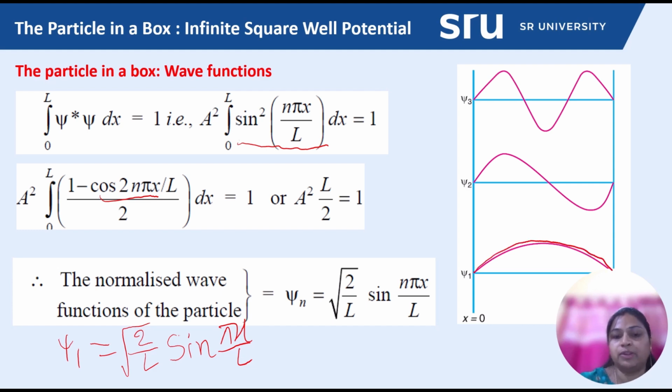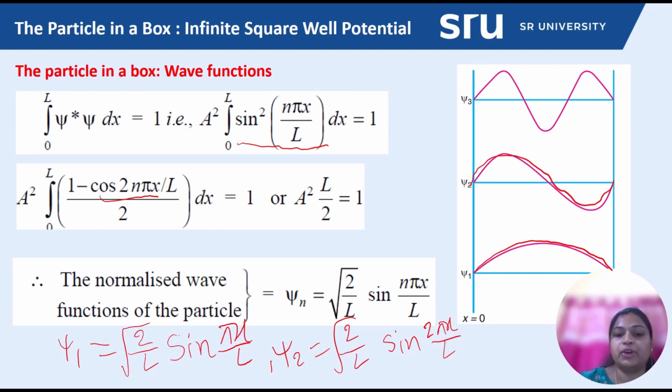When it is psi 2, that is root of 2 by L sine of 2 pi x by L. So this factor is twice, so once we have the positive and negative, we can get a curve like that.